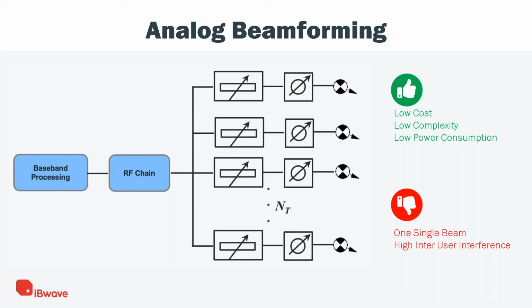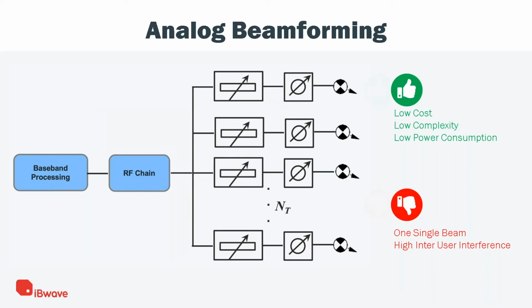The other disadvantage of analog beamforming is the high inter-user interference, because it is hard to manage the side lobes in the analog domain. That's why you will have more side lobes, and the level of the side lobes will be much higher. It's not like in digital, where we can easily manage all these coefficients.